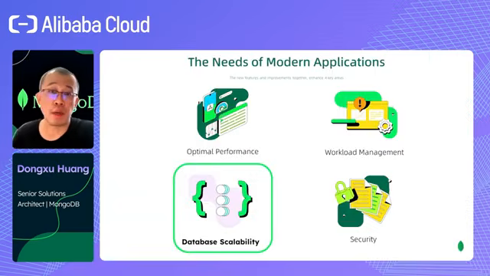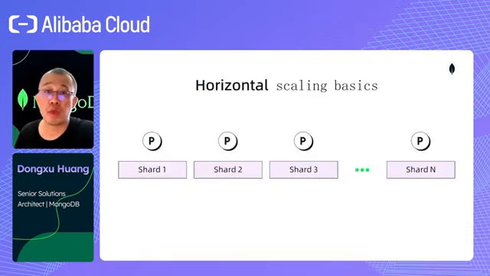Next, let's talk about scalability. As a quick refresher, there are two main ways to scale MongoDB. Vertical scaling, when you upgrade to a larger server, a larger computer, as you need more resources, and horizontal scaling, when you need more computers and share the workload between different shards and different computers.